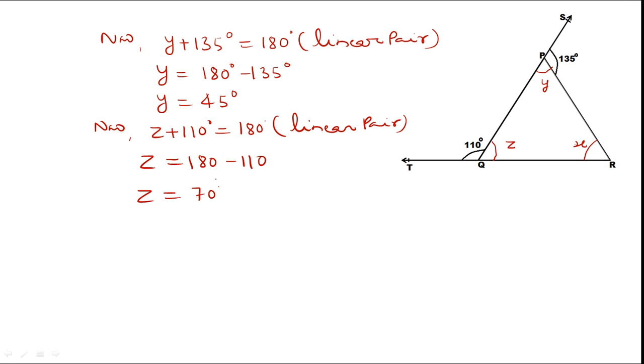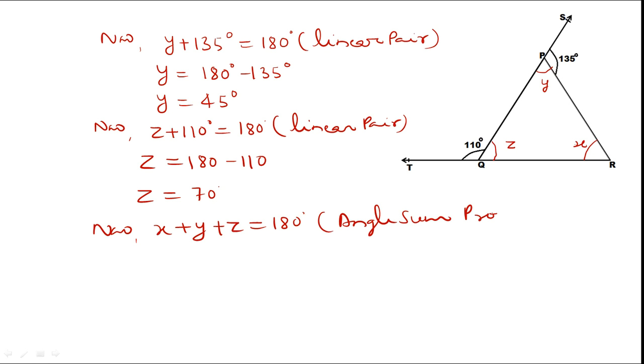Now our job is to calculate angle PRQ, that is angle X. So now angle X plus Y plus Z is equal to 180 degrees, by the angle sum property of a triangle. The sum of all the angles of a triangle is 180 degrees.